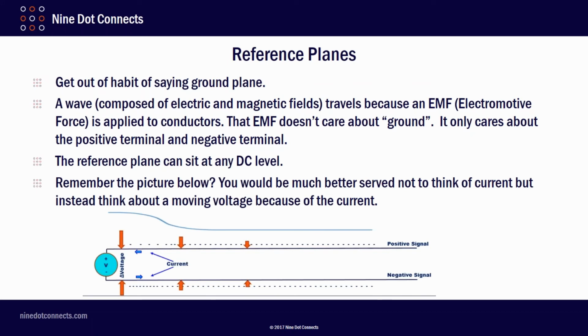You might remember this picture below from one of the other webinars we did on what a 50 ohm characteristic impedance is. I was trying to explain that when you apply this voltage, the charges that are moving create a differential voltage, and that differential voltage propagates down this line. You would be better served not to think of current, but instead just think about the moving voltage because of that current.